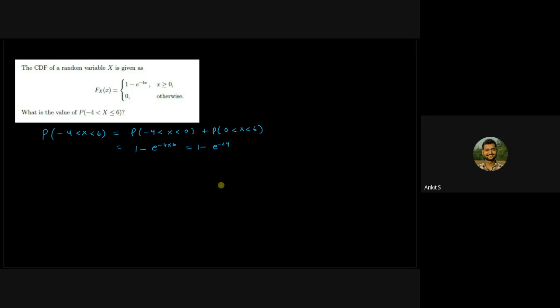Here we have the CDF of a random variable x. It is not given what kind of random variable it is. We have just been given the CDF. We have to calculate the probability of this. You know how to calculate this, right? I have done this in a long way, but how will you do it? You will calculate the CDF at this point minus the CDF at this point, right?